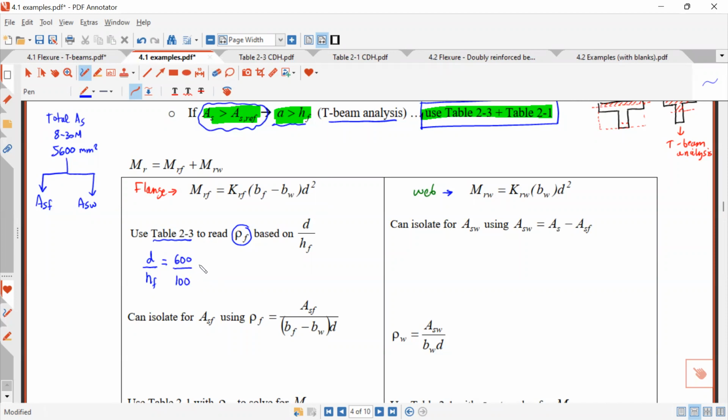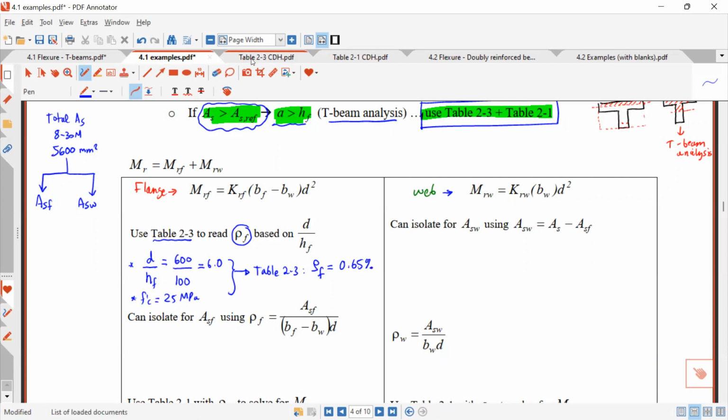So we get a number which is 6.0. And we also have F prime C of 25 MPa. With these two things, we can go to table 2.3, and we'll find a rho F, which is equal to 0.65%.